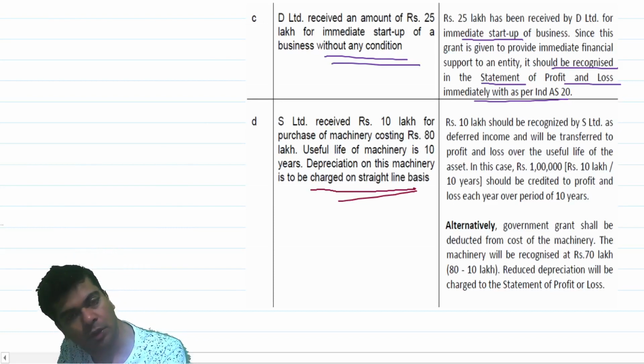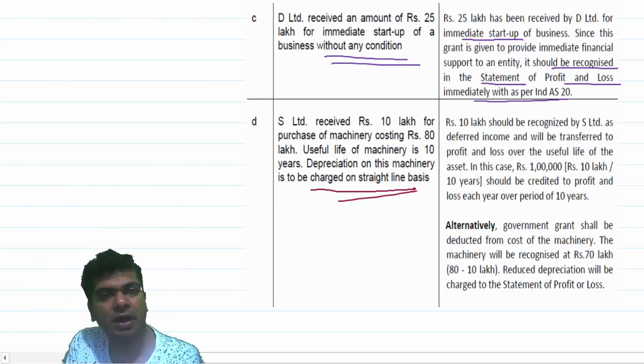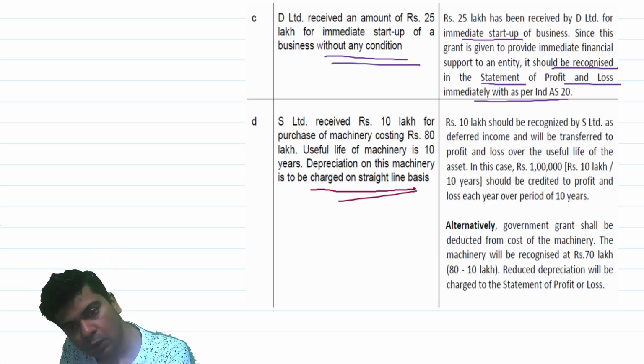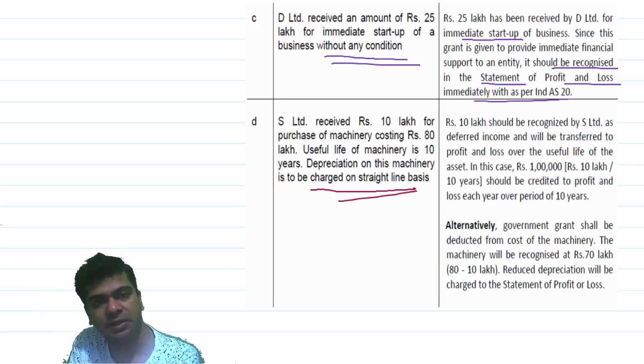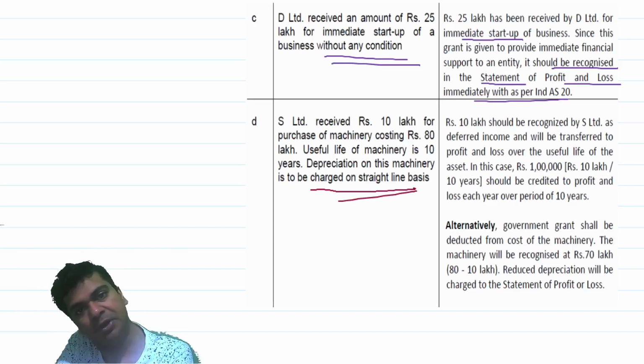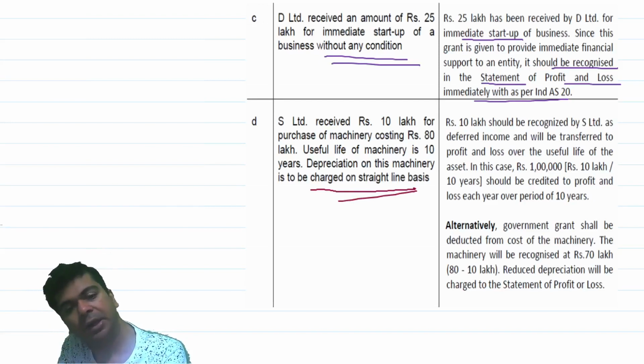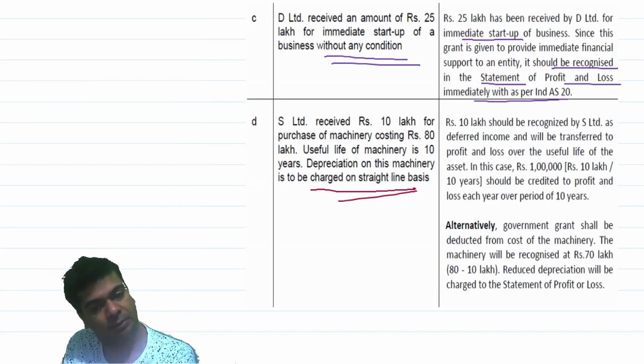The first approach, treat the government grant as deferred income. Over the useful life of the asset, in our case 10 years, we will take transfers from deferred income to the profit and loss account in the ratio of depreciation. They are saying depreciation will be charged on straight line basis.